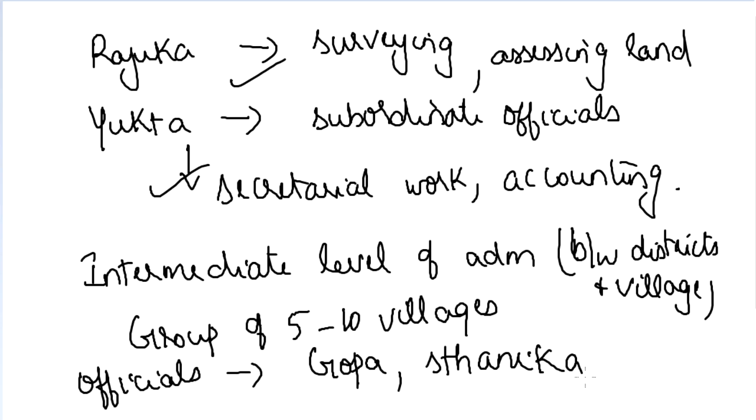Once more, there was an intermediate level of administration between the districts and villages, formed by a group of 5 to 10 villages, with two important officials, Gopa and Sthanika.